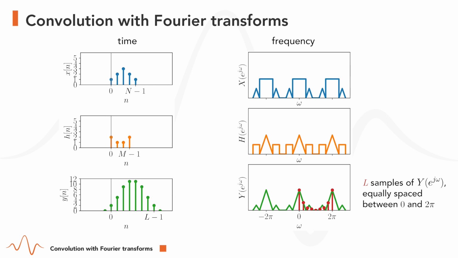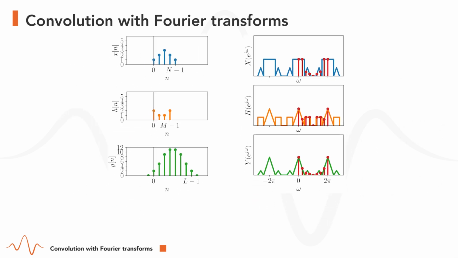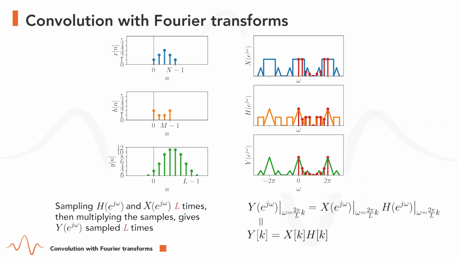For this, we need capital L samples of capital X and of capital H at 2 pi over capital L times k, where k goes from 0 until capital L minus 1. The procedure is also summarized here at the bottom.